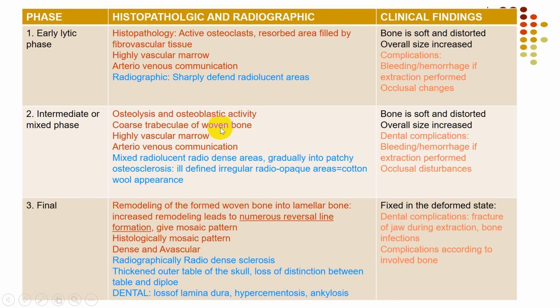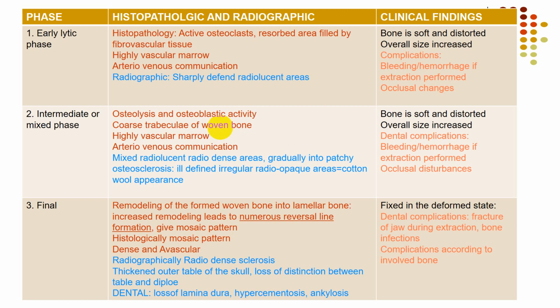Do you remember when I compared woven bone with the lamellar mature bone? We said woven bone has a matrix that is not fully mineralized, it is not well organized, and it is weak. Woven bone to mature bone is like granulation tissue to mature fibrous tissue.